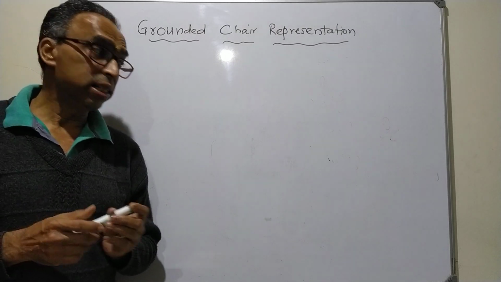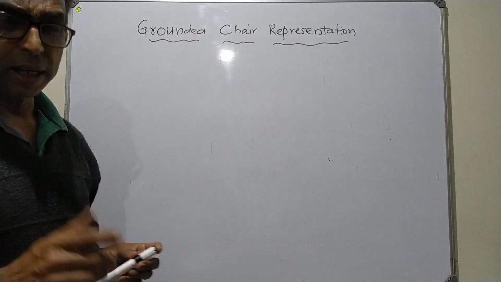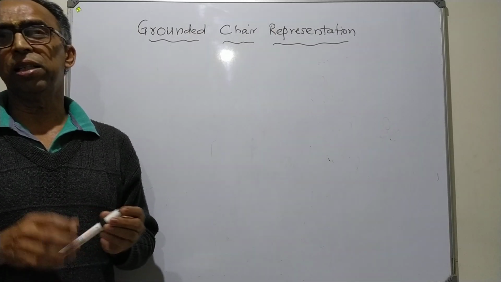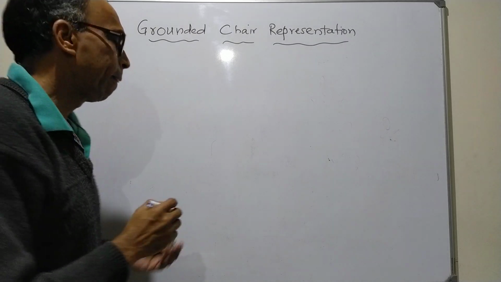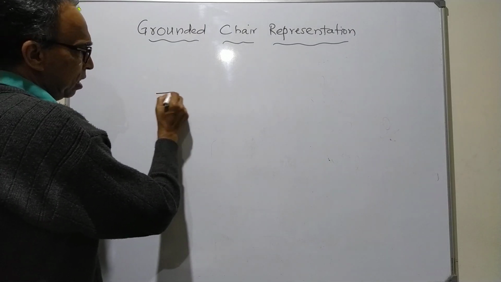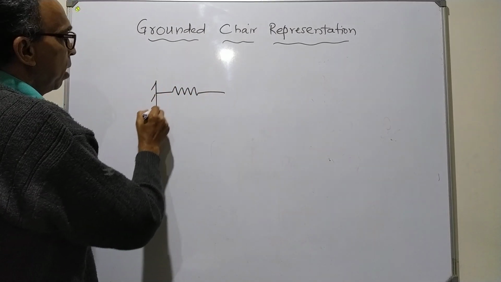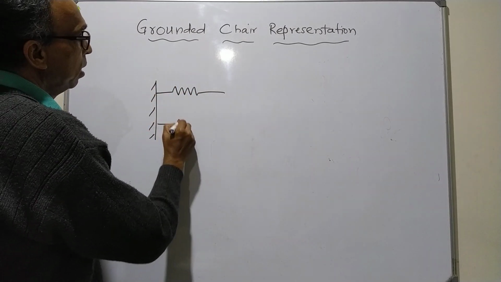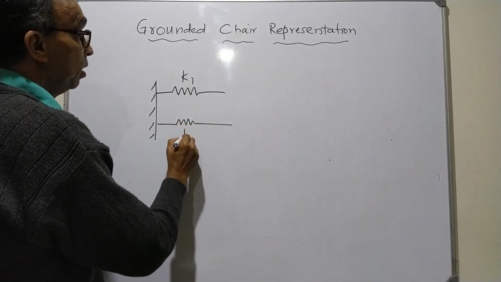Now, as the name indicates, before we get into this grounded chair representation, let us first of all try to recollect that this arrangement, as per Ravan's convention, we had called it as series arrangement.